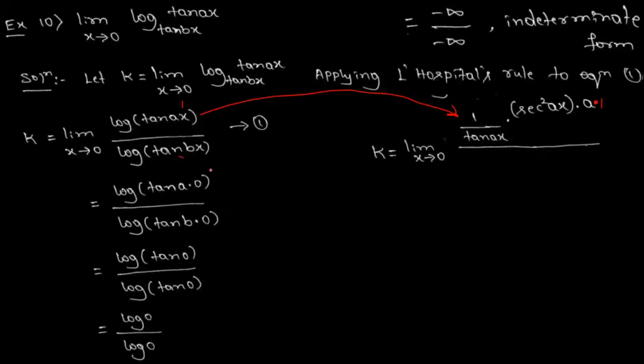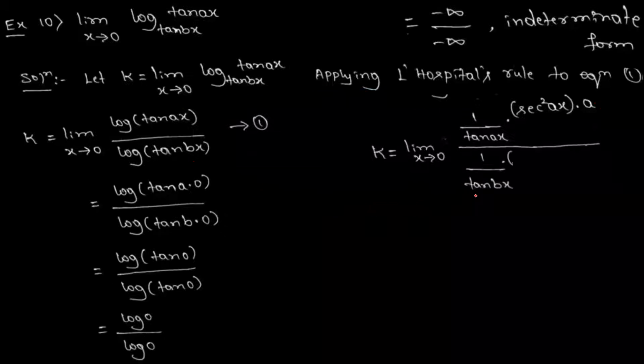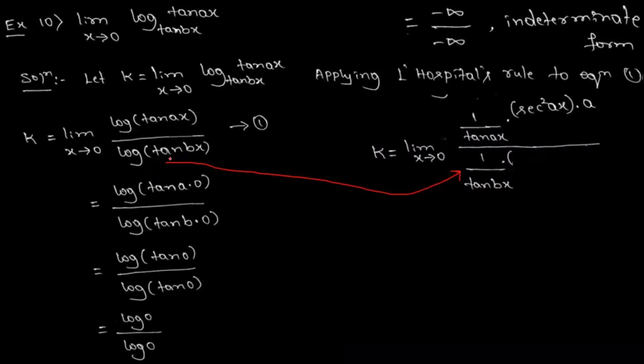Similarly, let us separately differentiate the denominator as per the L'Hospital's rule. It says log of tan bx. The differentiation of log of tan bx becomes first 1 divided by tan bx. Then again, we differentiate this inside function tan bx using the chain rule.